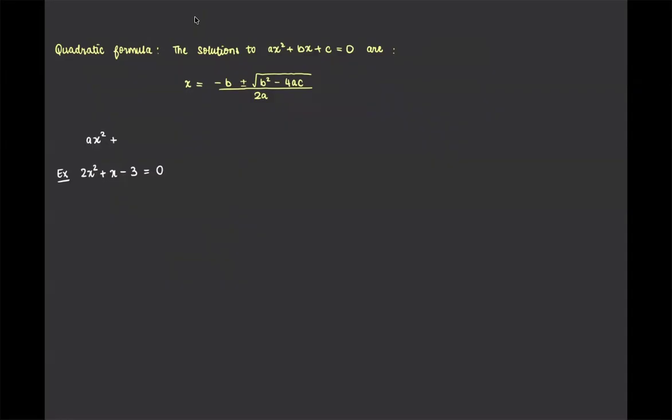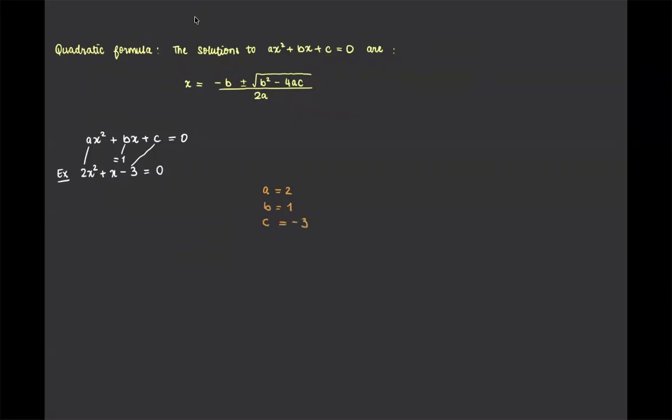So I know what are my values for a, b, and c. Okay, so in this case, a corresponds to 2. B is the coefficient of x, so b equals 1. And c must be minus 3. Okay, I'll just write this out. A equals 2, b equals 1, and c equals minus 3.